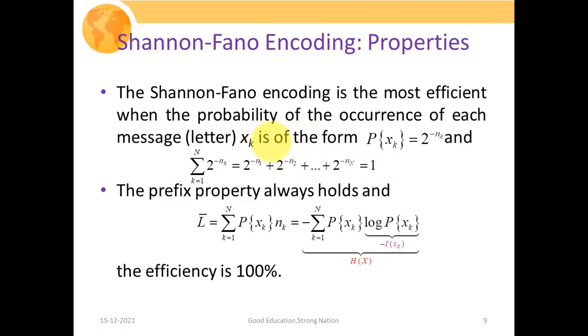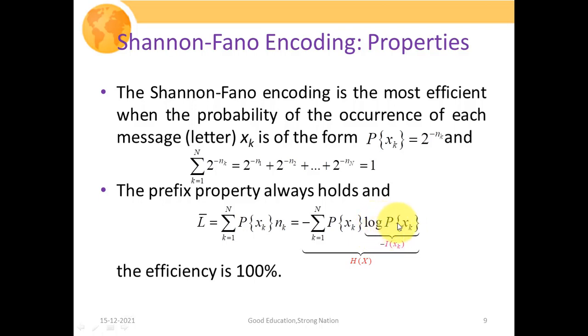So a specific property of this Shannon-Fano encoding scheme is that it will be the most efficient if the probability distribution is of this type. The prefix property always holds, and the average code word length will be equal to the summation for k from 1 to n of p of xk times nk, where p of xk is the probability associated with the kth symbol, that will be equal to minus the summation for k from 1 to n of p of xk log base 2 of p of xk.